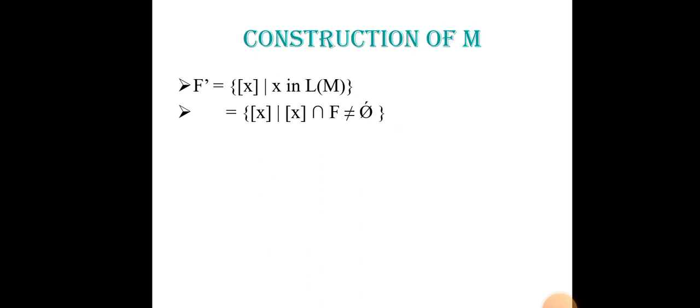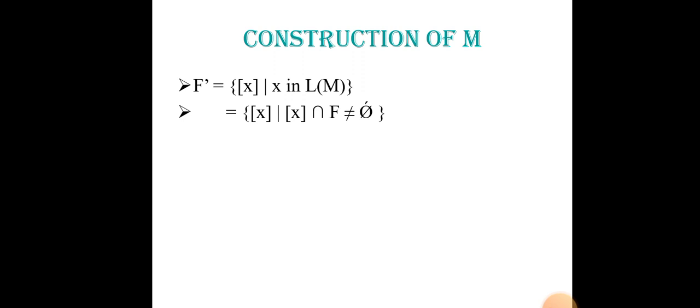So this is the construction of the DFA from the NFA. F is the set of x in L of M, and this is the intersection. We saw the union before, and this is the intersection of x with F.